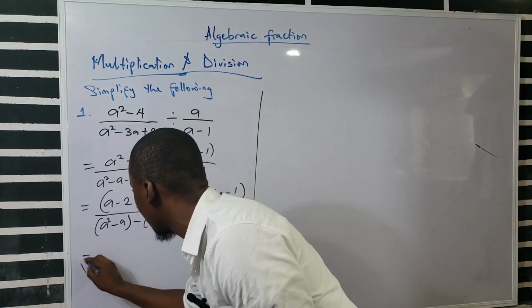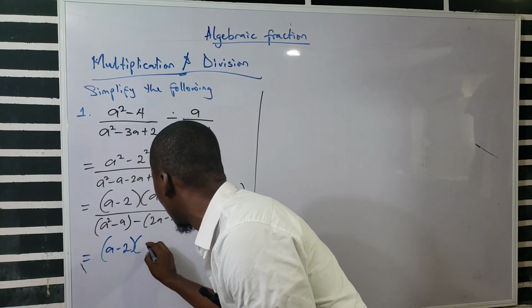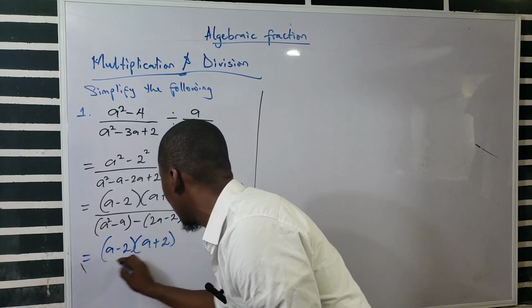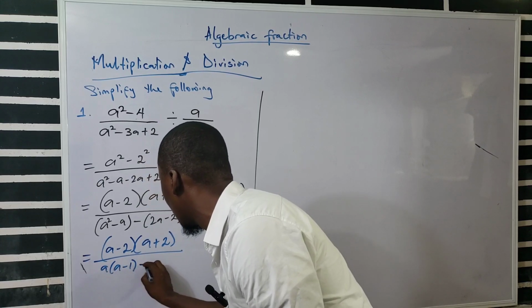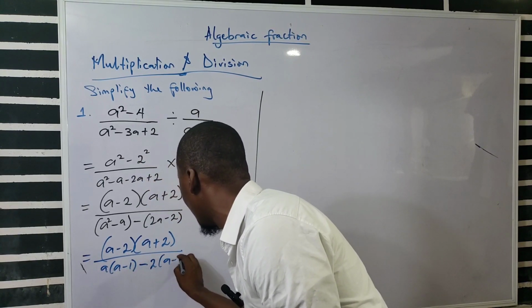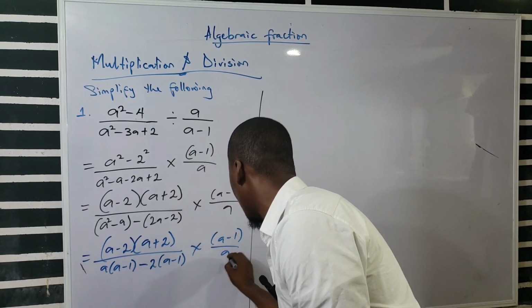So that will give us a minus 2 into a plus 2 all over a into a minus 1 minus 2 into a minus 1 times a minus 1 all over a.